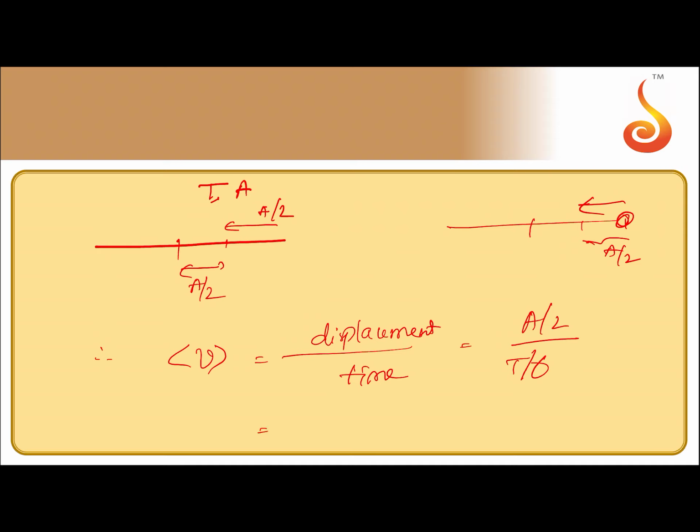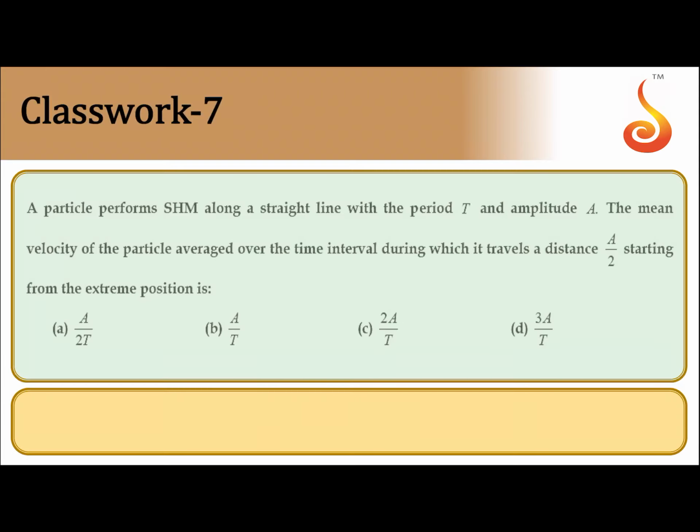So this becomes 3A divided by T. Therefore, the average velocity of the particle is 3A divided by T. That is our correct choice.